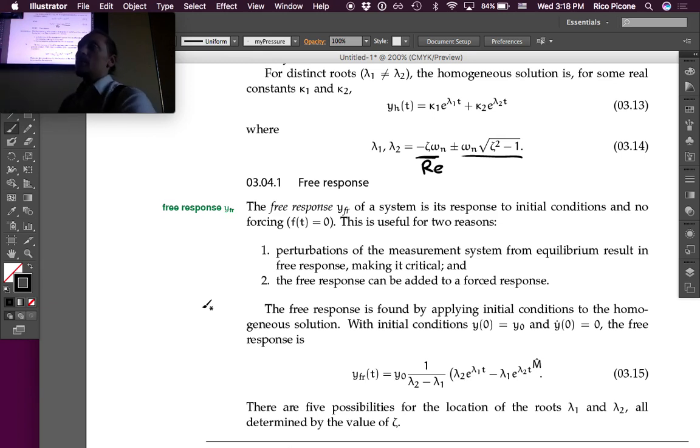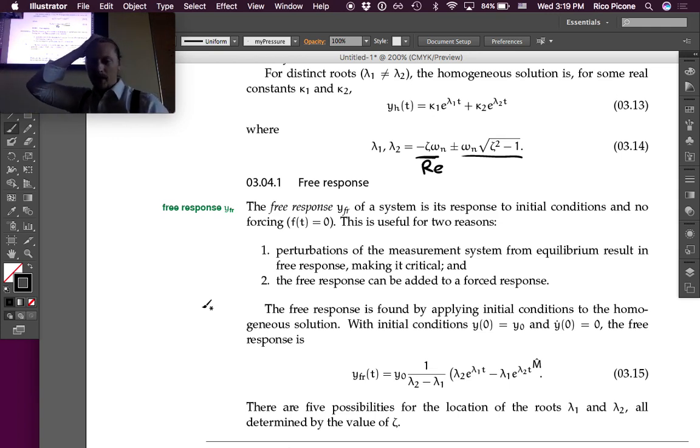And you can sum those two, and that result is the response you would get if you had the initial condition and the forcing function together at the same time. So you can treat them as separate problems, and then you can add them together at the end, which makes it really nice because then we don't have to redo a bunch of stuff. We can just treat them separately, hack off a chunk of problem that's manageable, solve it, and then add it to another one. So really useful.